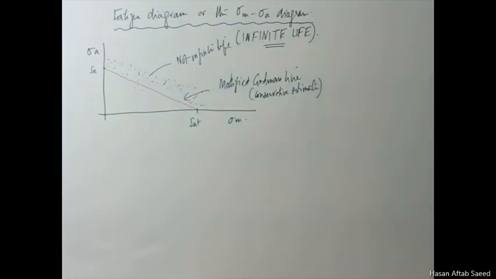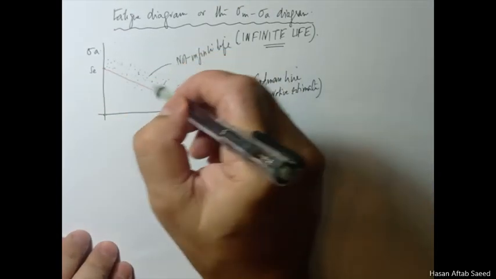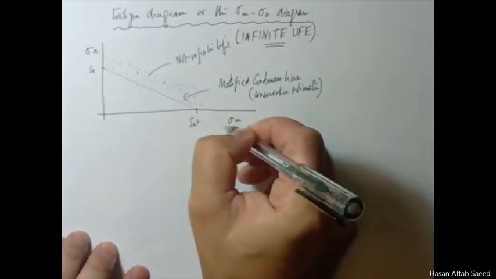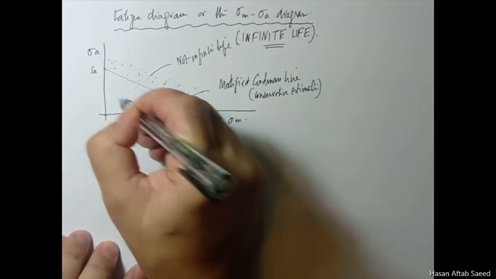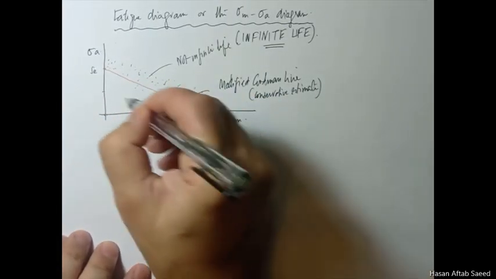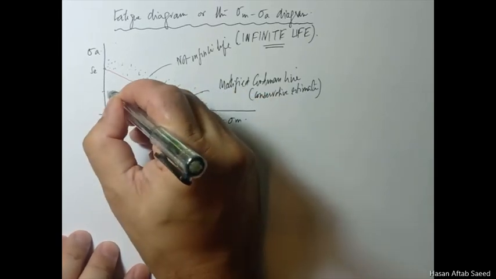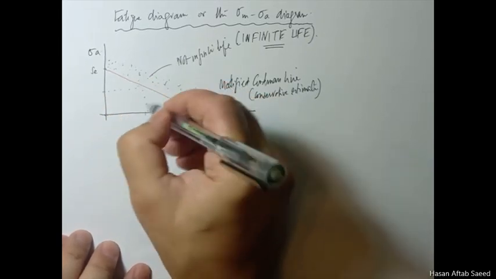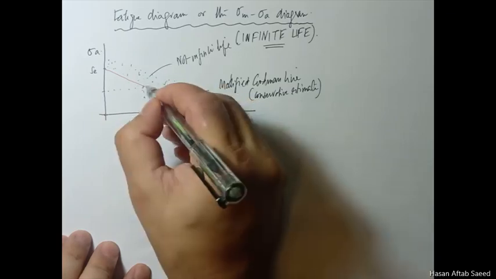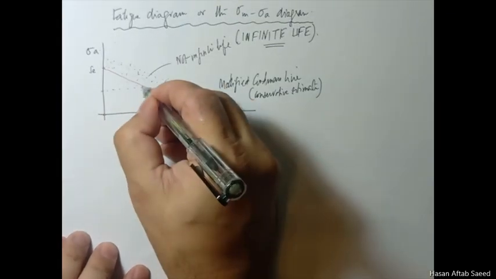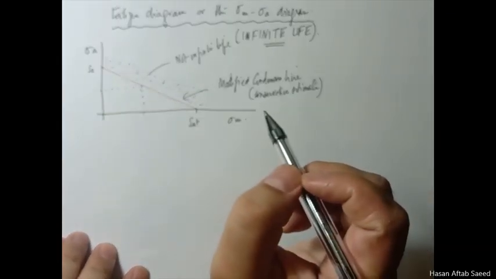Now is that all? I'm afraid there is one more thing. This diagram only tells you that if your combination of sigma m and sigma a, whatever the values will be, and we'll do some experiments and problems also, if you plot it here, this is the maximum extreme where you can say that you have infinite life.